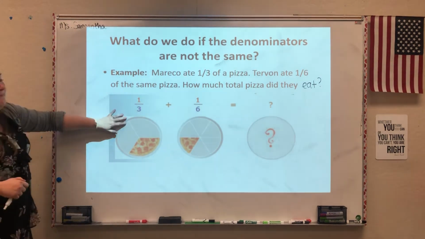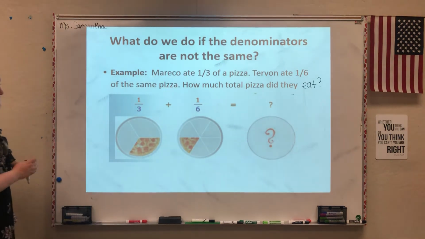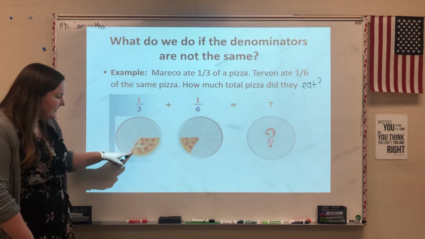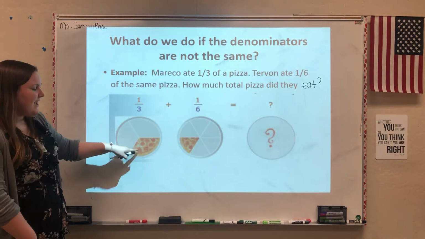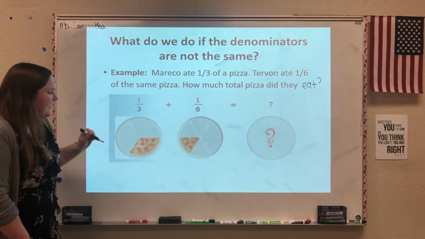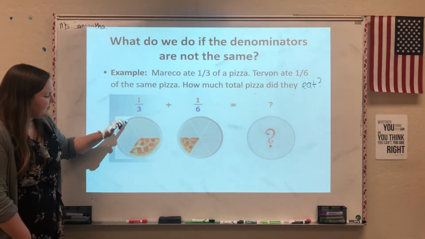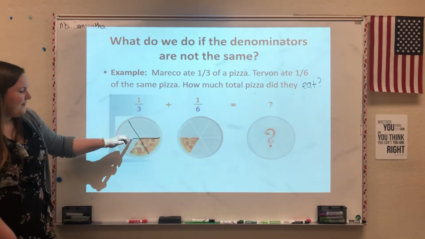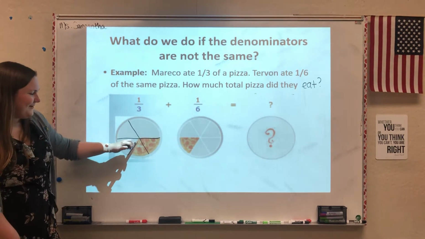Now looking at the picture helps because I see what I can do. I could come in here and say, well, instead of saying he ate 1 really big slice, I could change this pizza to be cut up the same way this pizza was. I could come in and say, well, let me just cut all the way across, all the way across, all the way across.